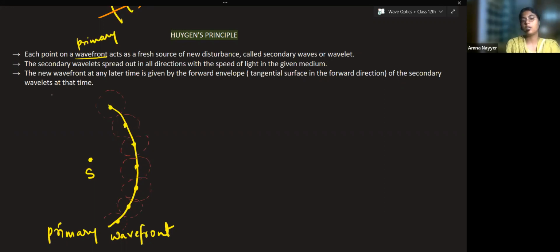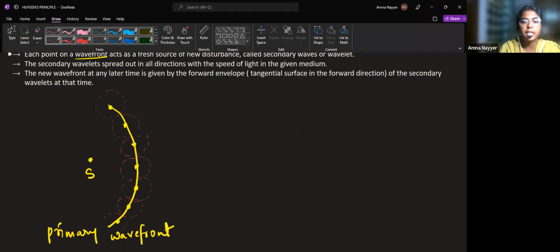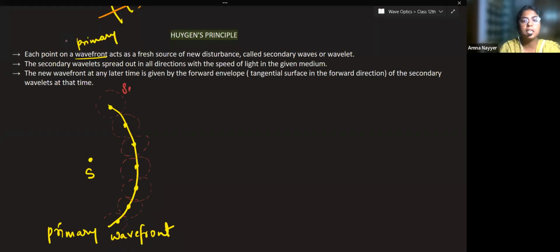These are all the new wavefronts that have been developed from the earlier wavefront. So the primary wavefront gave rise to this. These are known as secondary wavefronts.